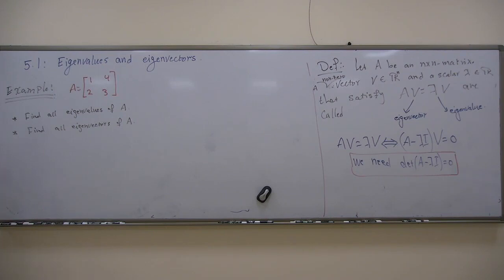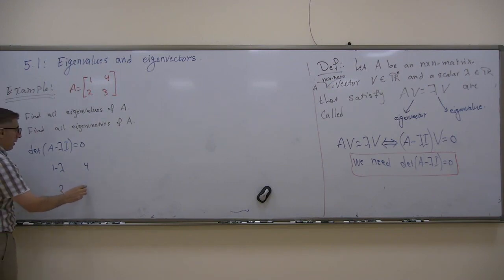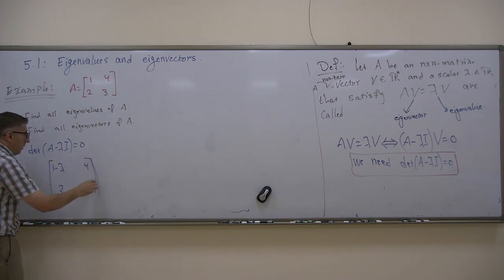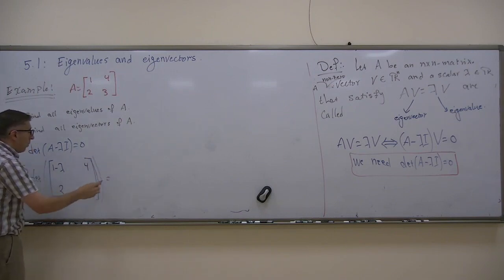So what do we need to do? We need to solve determinant of A minus lambda I equals 0. What is A minus lambda I? Well, this is the matrix 1 minus lambda, 4, 2, 3 minus lambda. And you need now the determinant of this. Well, what's the determinant here?